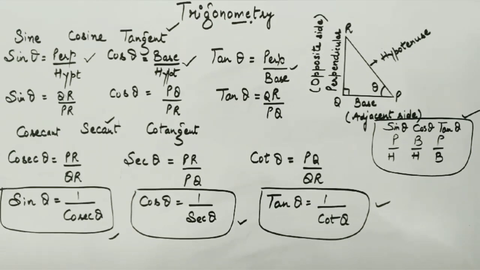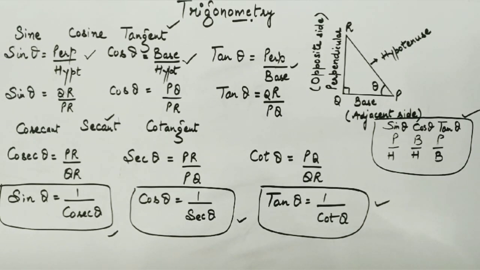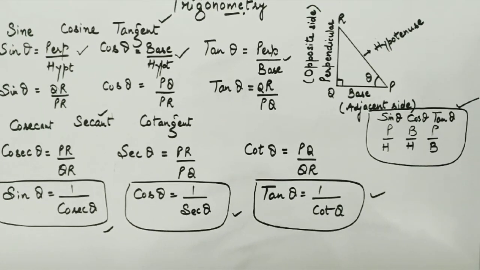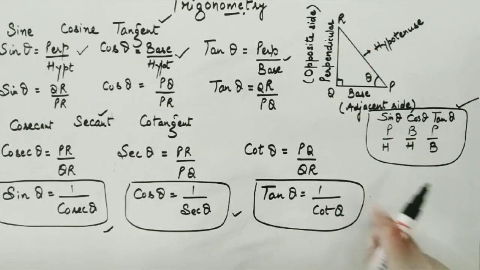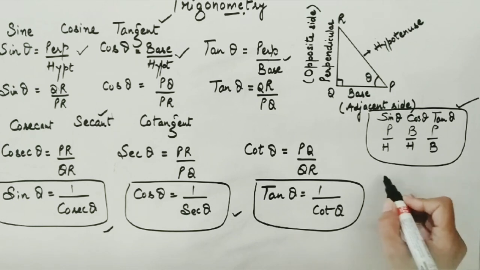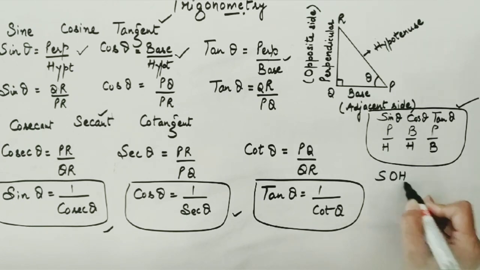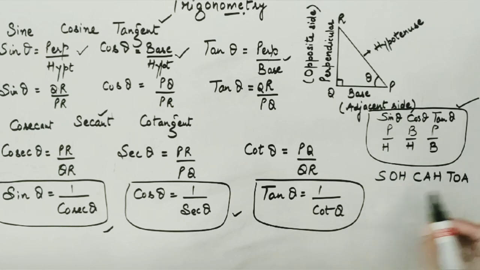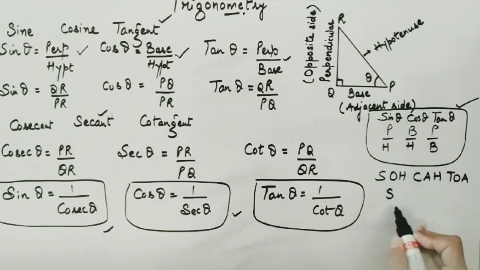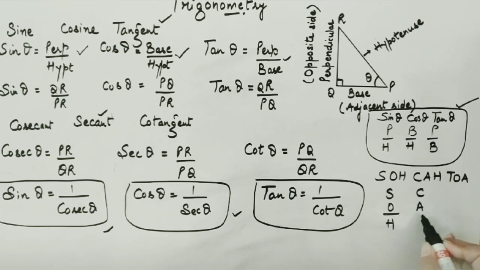Now one more trick is there. If you take the sides in terms of adjacent side and opposite side, that trick is, we say: so ka to a. Now this means sine would be opposite by hypotenuse, the opposite side by hypotenuse.